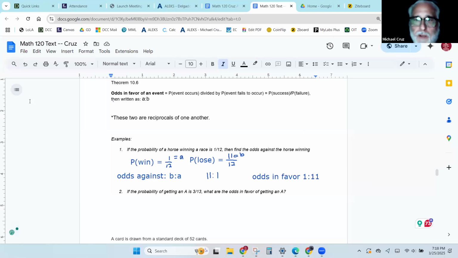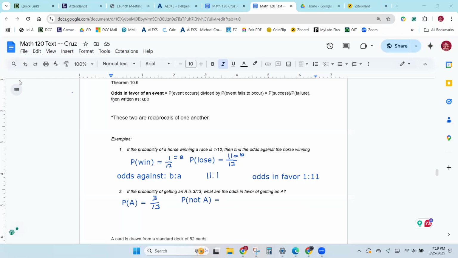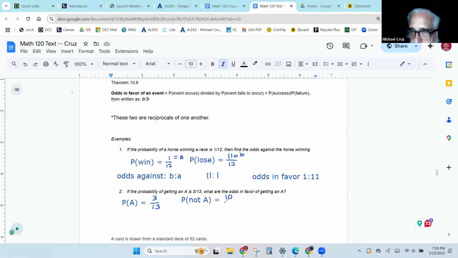So I'll do this one and I'm going to go over and hit some Alex stuff. So we got 3 thirteenths of getting an A. So what's the probability of not getting an A? Ten. 3 from 13, so it'd be 10/13.